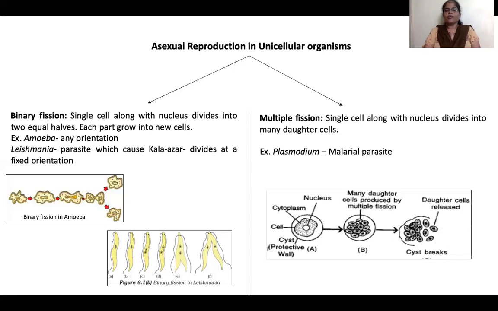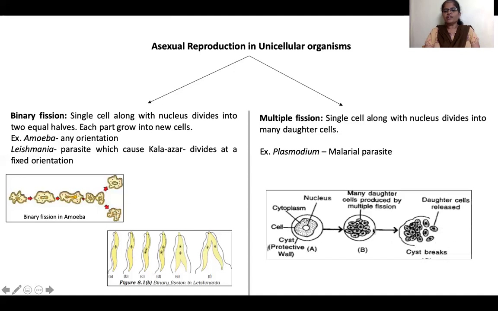Whereas in multiple fission, this is a cell of a Plasmodium. Plasmodium is a malarial parasite that causes malaria. When the Plasmodium enters our body, within the cell the nucleus and the cellular contents undergo multiple fissions, forming multiple cells.